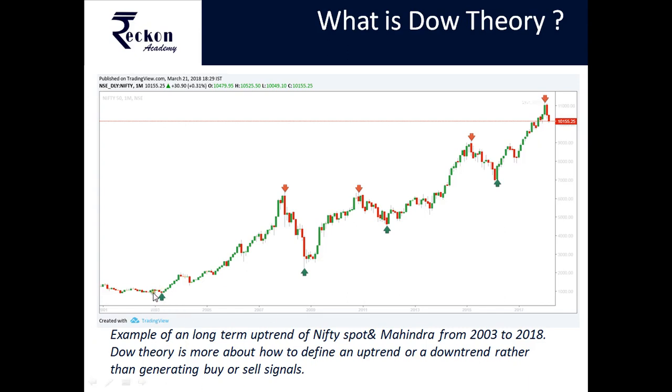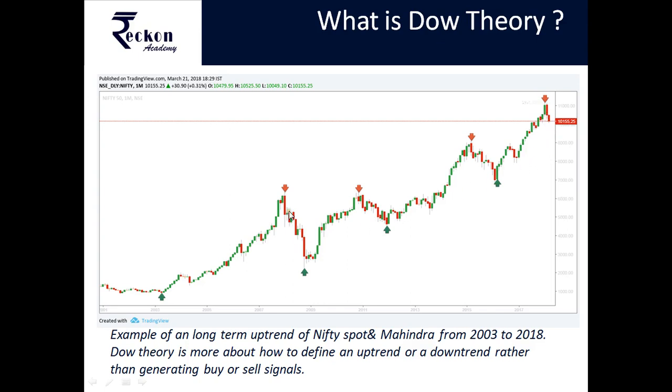You can see this is the lowest low of 2003. Post that we made the next low in 2008. After that a low was made in the 2011 correction. Post that we saw a low in 2015, and after that the correction is still going on. We don't know where it is going to end.